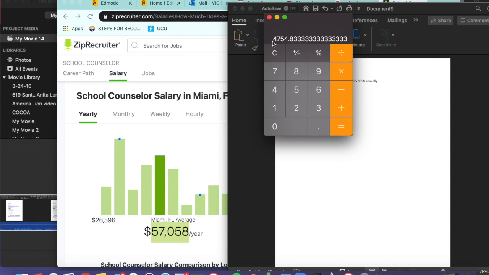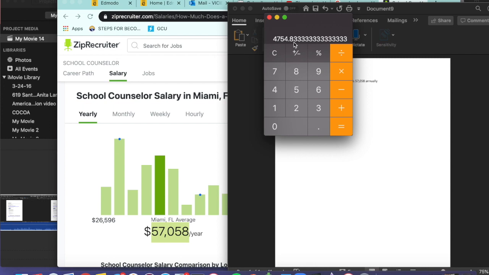That means that our monthly budget is $4,754.8333333. We're going to be bringing it to the nearest cent because we're talking about money. So we have to figure out if this is rounding up or down. We're going to be rounding up. No wait, I'm sorry, we're going to be rounding to the same value.